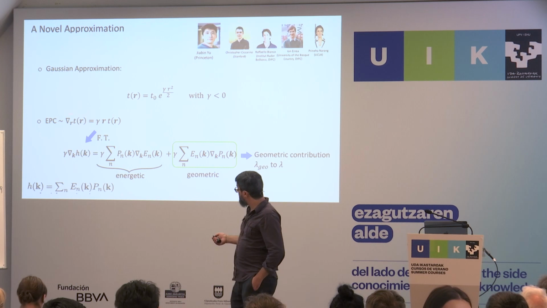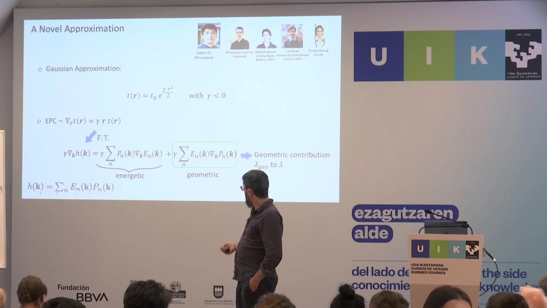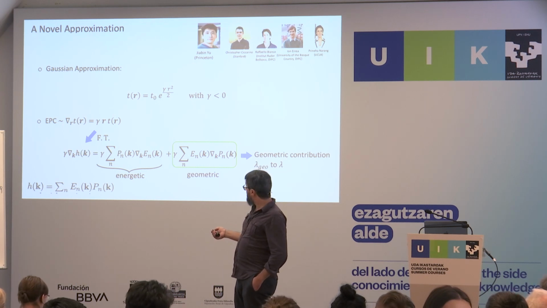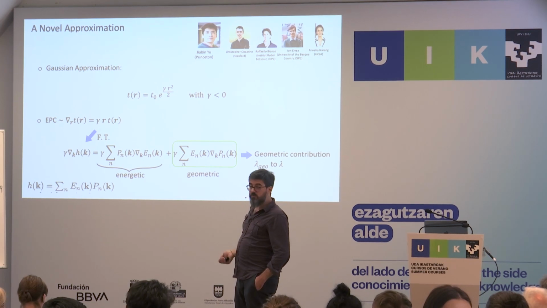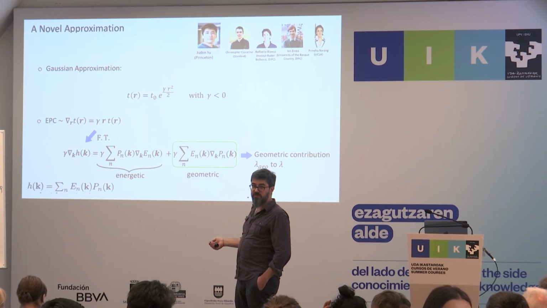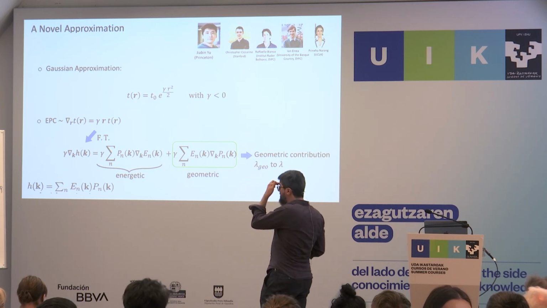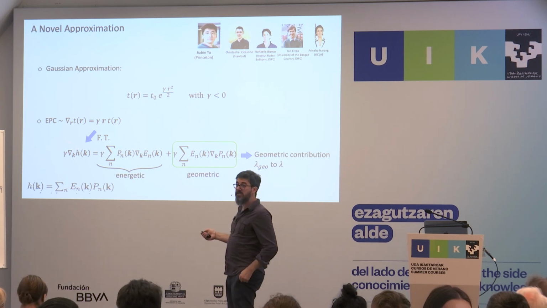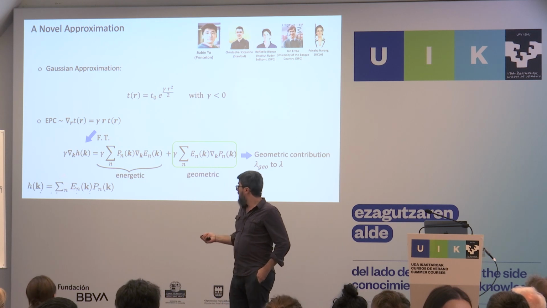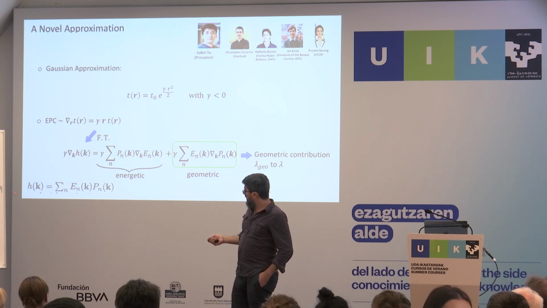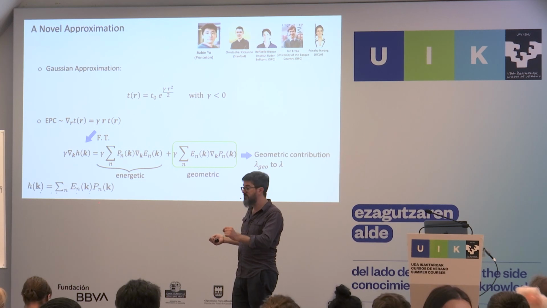So the electron-phonon coupling is proportional to the derivative of T. But when I Fourier transform this, because I bring an R down because it's R squared, this becomes the derivative in K. Okay? And now I'm in business because I can do a spectral decomposition of my electronic Hamiltonian, which just says my electronic Hamiltonian is a sum over the kinetic energies times the projectors onto the bands.